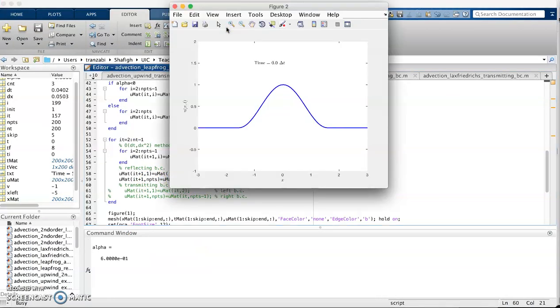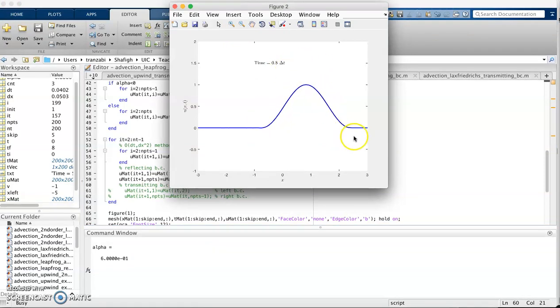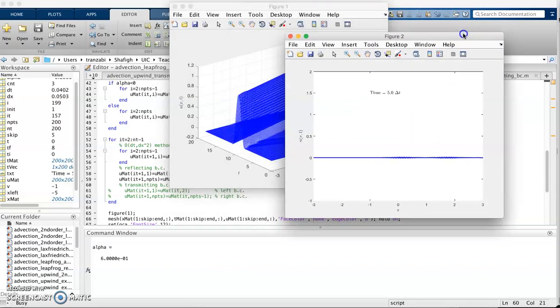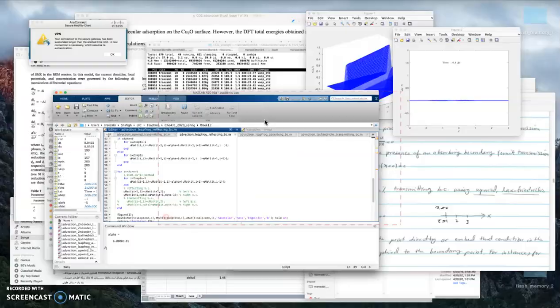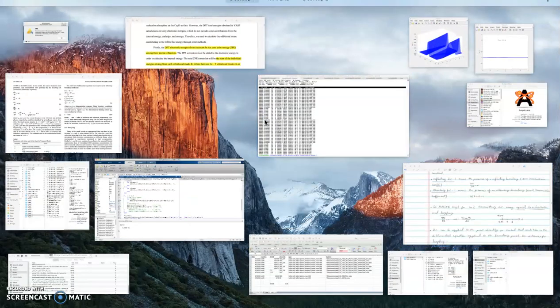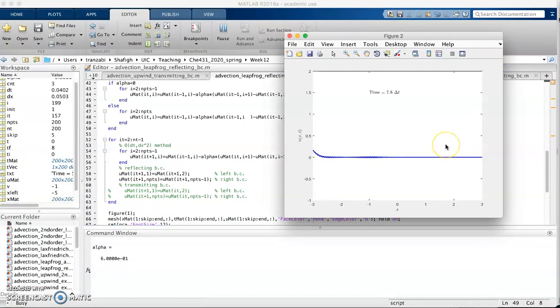Let's run that one. So initially I have a bell shape. It's traveling from left to right. So you see that as it hits the boundary, it's supposed to basically transmit, or okay, this is reflecting. Sorry, reflecting. So right here. So we know that in Leapfrog, wave can only go one direction.